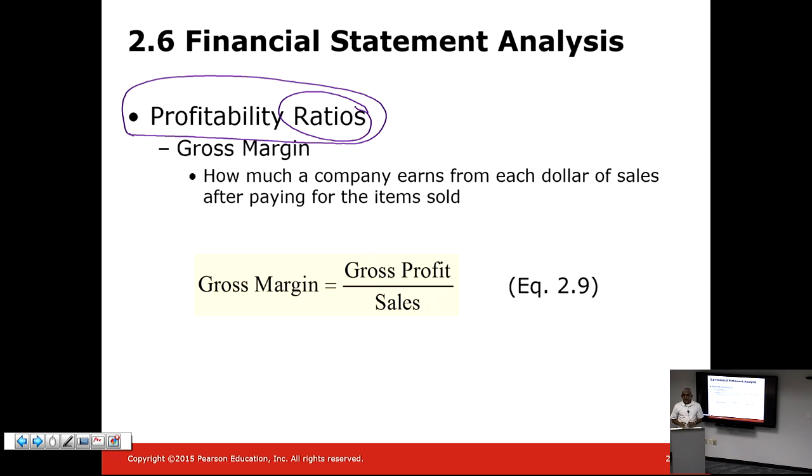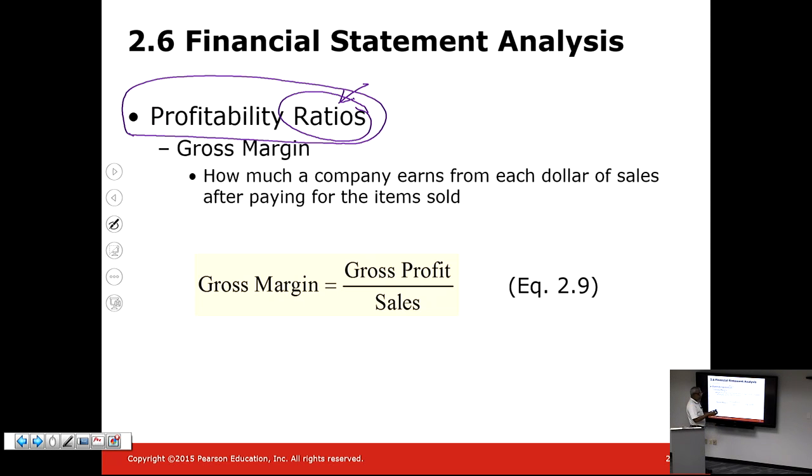A company making a $10 million profit on a $1 billion investment is not the same as another company making the same $10 million profit but on a $100 million investment. So to facilitate that kind of comparison, we calculate what are called ratios.